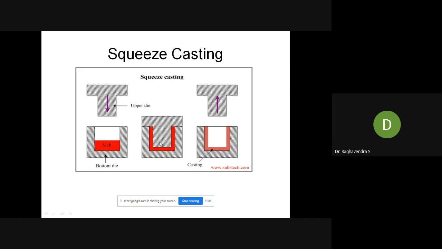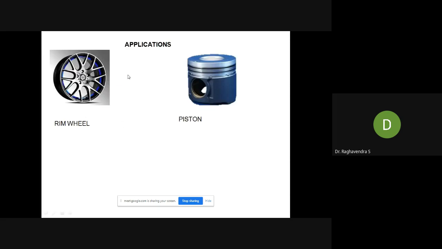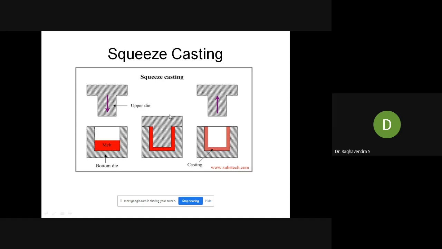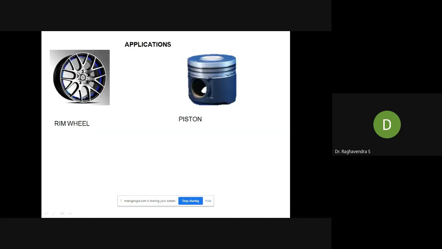See here, just a flat U shape, a symmetric, simple geometry. As I told, pistons are manufactured here. Sometimes they manufacture rim wheels also, because the structure is not very complicated.